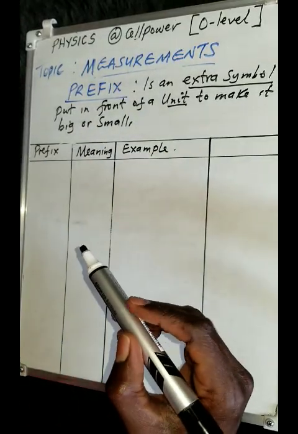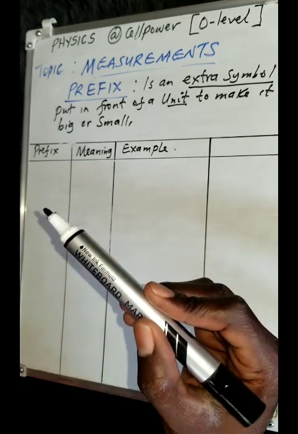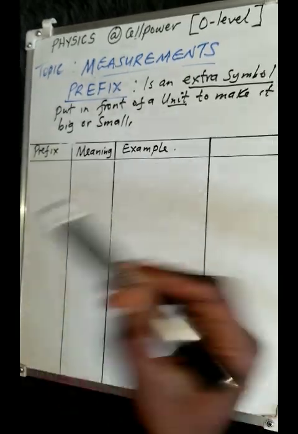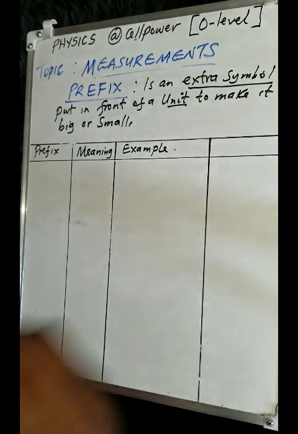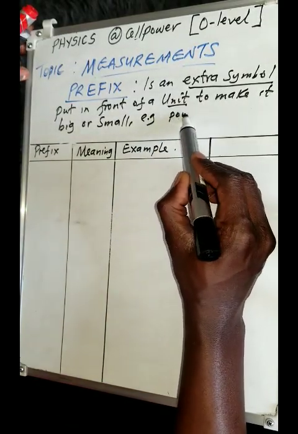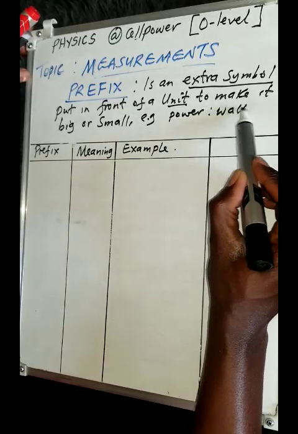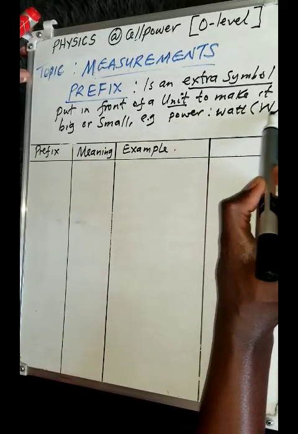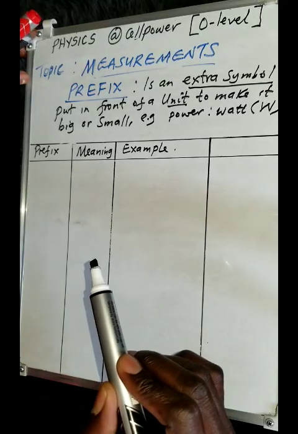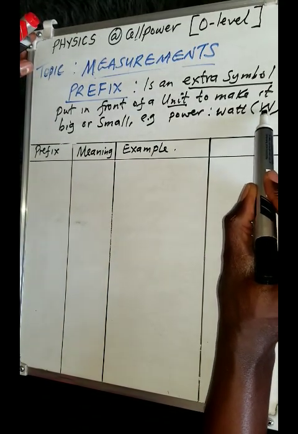So what do I mean, for example? When it comes to power, the unit for power is watt, represented by a capital letter W. But what you can find is that we can put a unit in front of that.